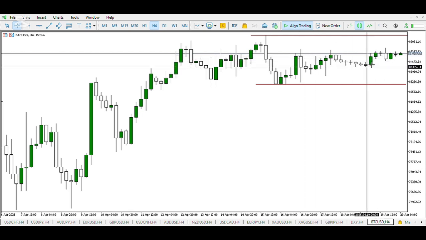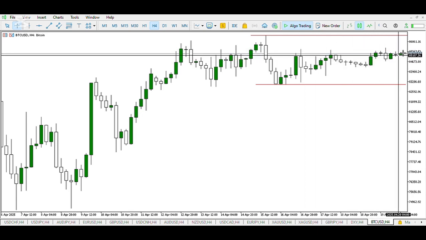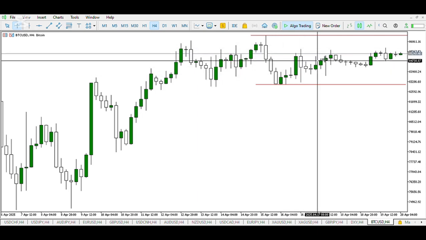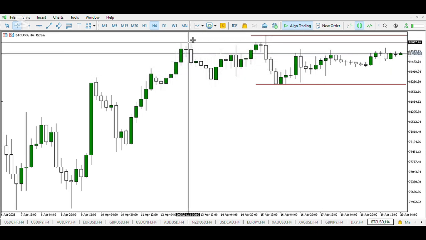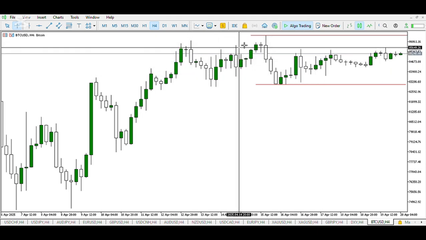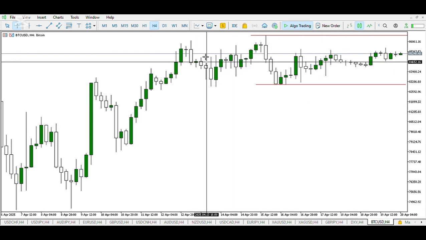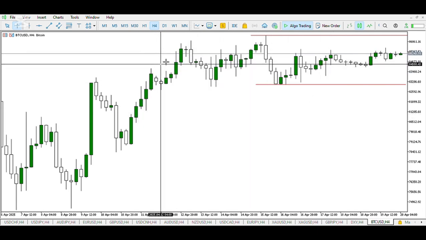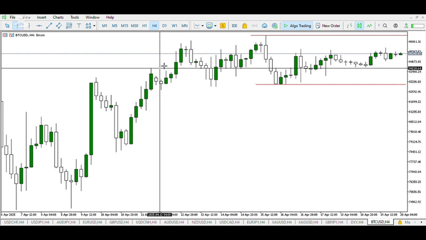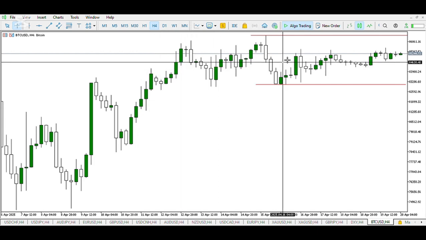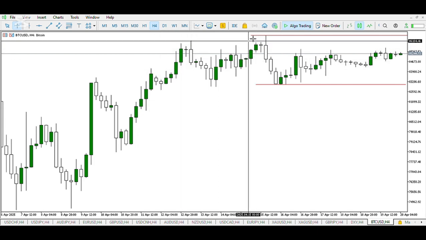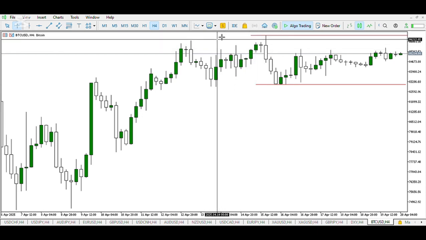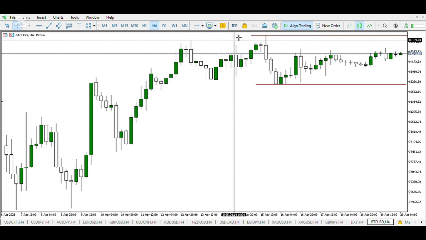On BTC USD, you can see that for the whole of last week, price did consolidate in a range, and we can see that last week liquidity was taken.